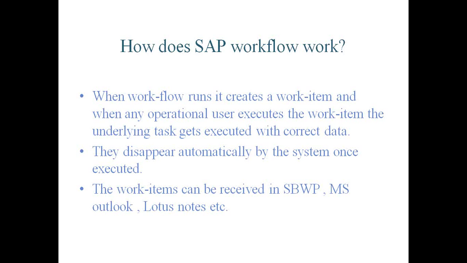So just try to understand that whenever one task gets executed, the work item gets created, and any of the operational users can execute the work item. Whenever this work item is executed, the task gets executed. It means the method which is defined in the business object gets executed. As for the second point, I have already discussed that whenever you execute that particular work item, it will automatically disappear from the inbox. You don't have to manually delete it. Then this work item can also be received in SBWP, as I have already shown you.